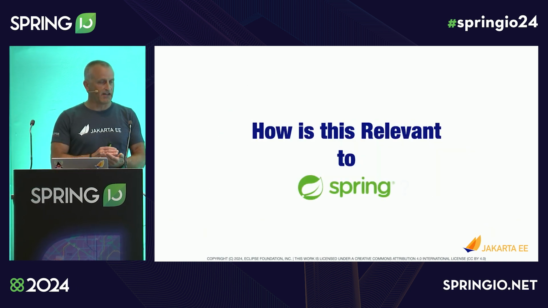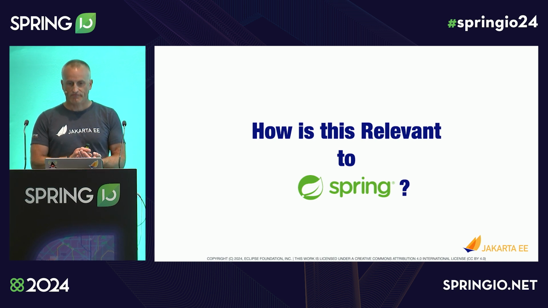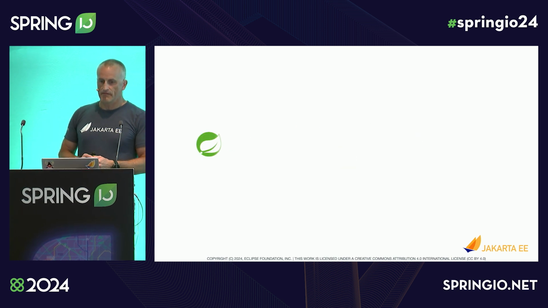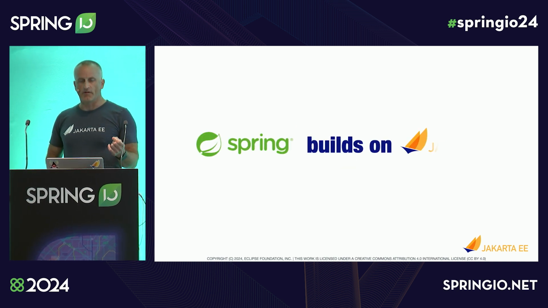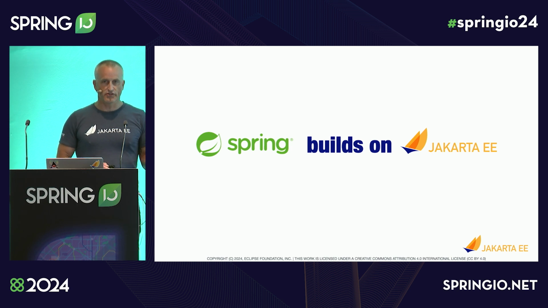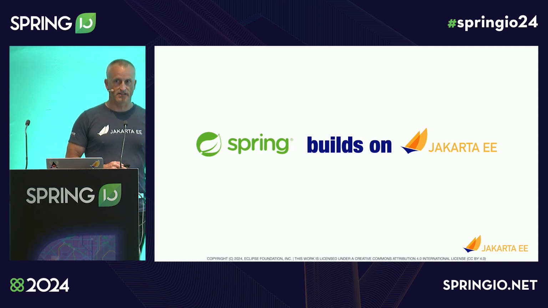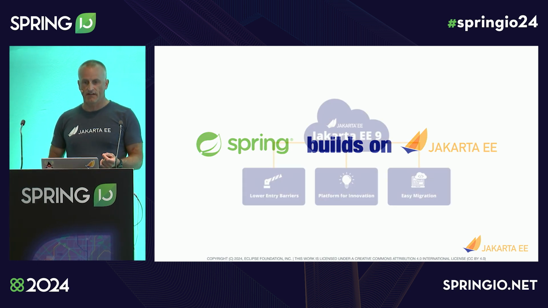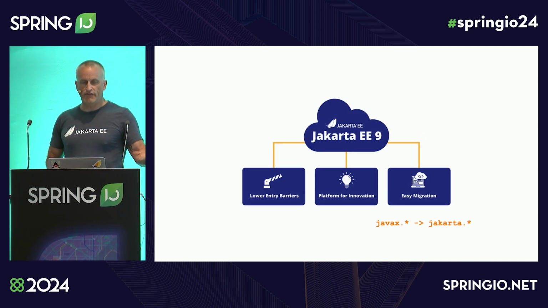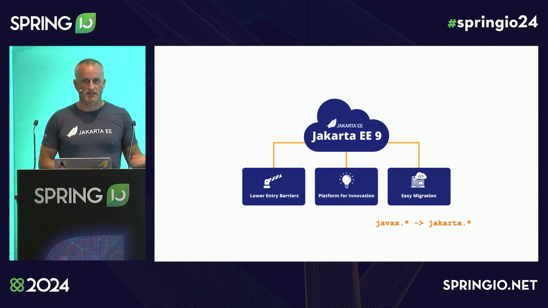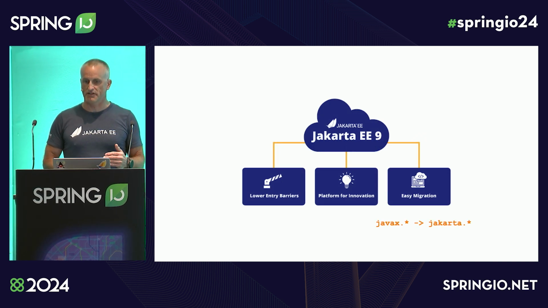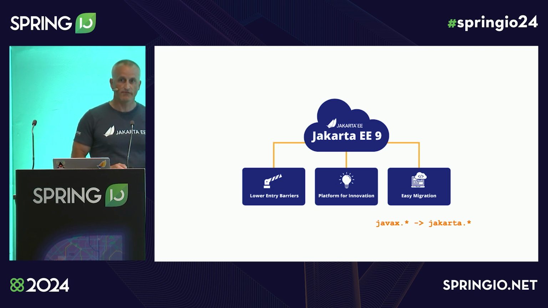So, how is this relevant to Spring? Well, Spring builds on top of Jakarta EE and consumes a lot of the APIs and implementations underneath. And if you didn't see it before, you noticed it when Spring raised its baseline to Jakarta EE 9, and you got this namespace in your lap when you did the migration from Spring Boot 2 to Spring Boot 3.